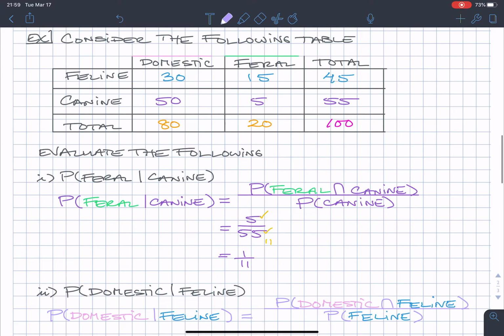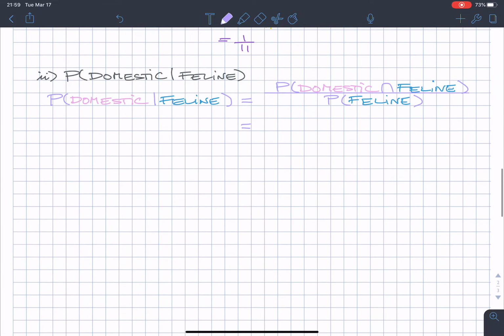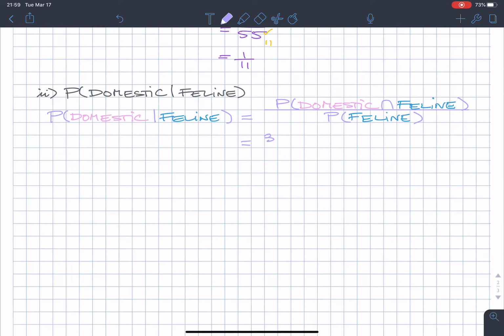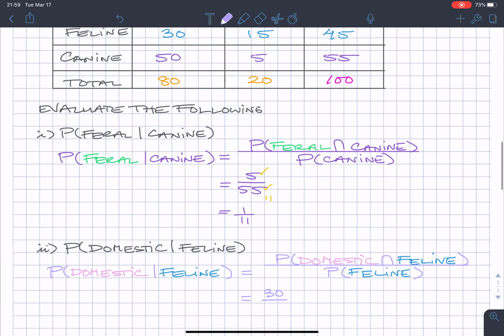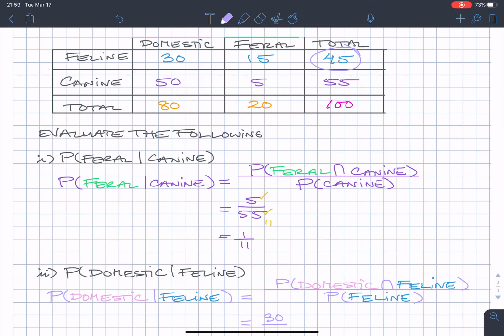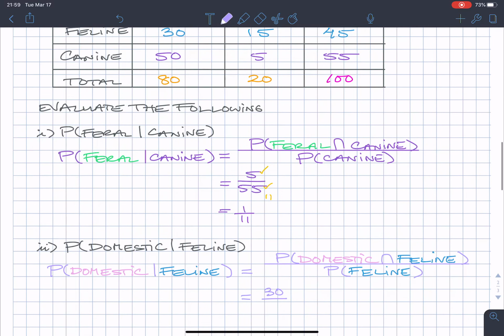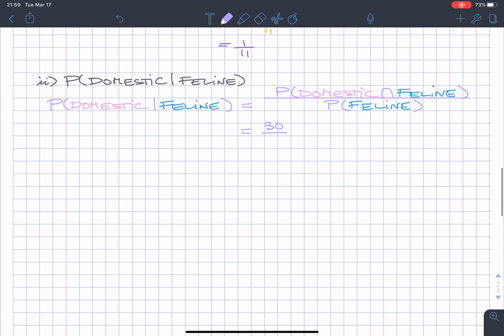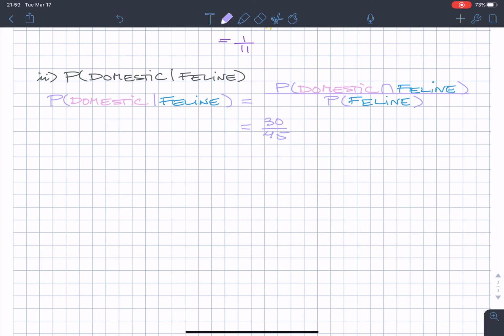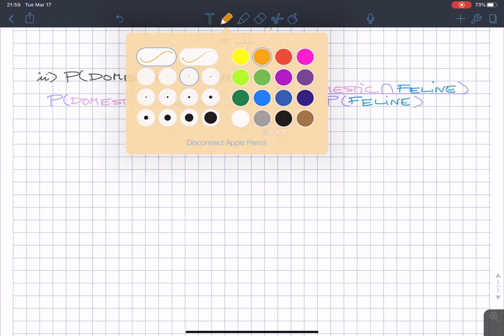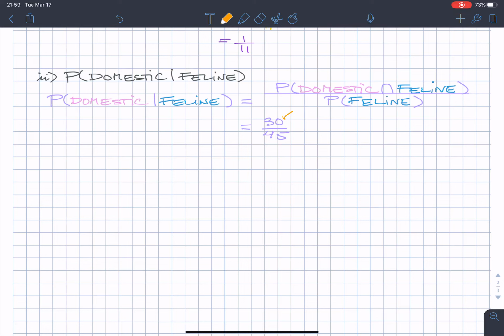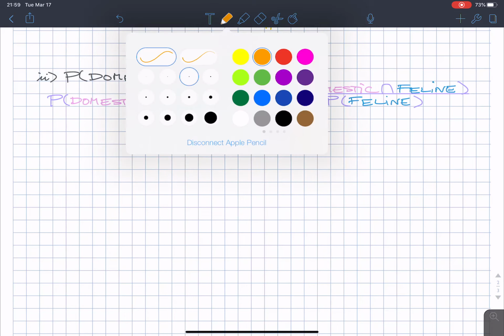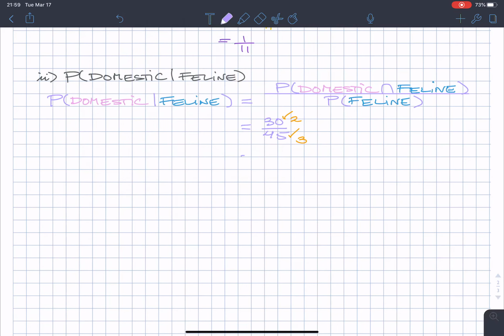How many domestic felines do we have? Looks like we have 30. So I claim that the domestic felines will be 30 divided by, how many felines do we have? 45 in total. So of the 45 felines, 30 are domestic. So it should be a probability of 30 over 45. But of course this reduces. 15 goes into 30 twice and into 45 3 times. So this reduces to 2 out of 3.